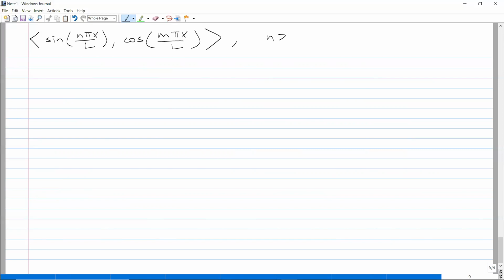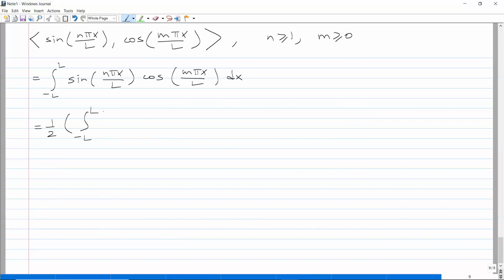Here, n is greater than or equal to 1, but m may be 0. Okay, by definition, this is the integral from minus L to L of the product. By the addition formula, when we have sine and cosine, we can write it as sine of a plus b plus sine of a minus b.